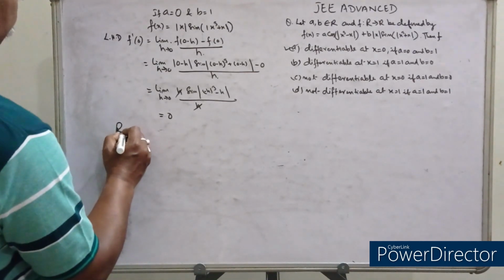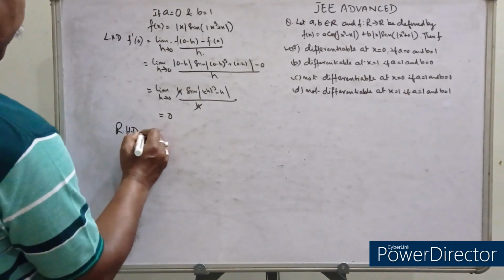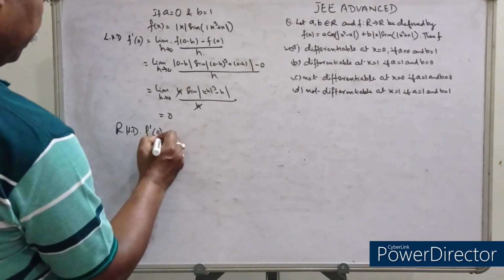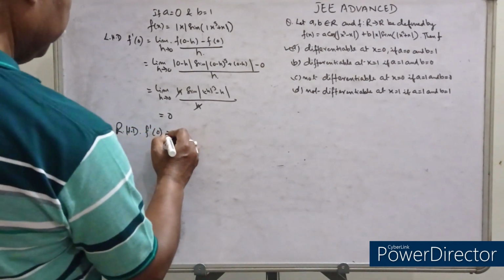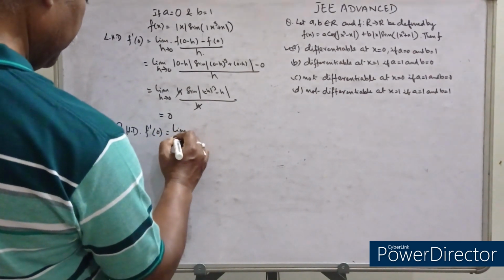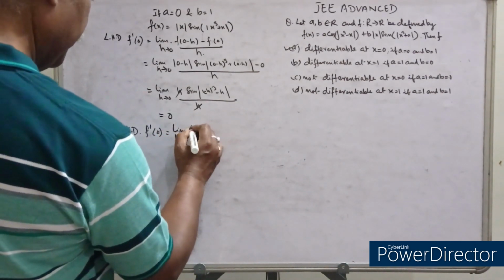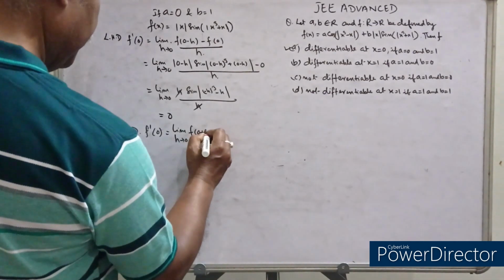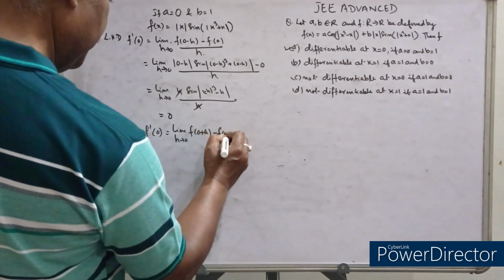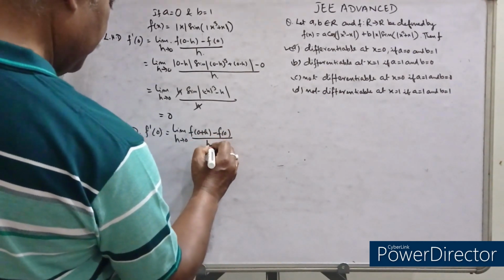Your right hand derivative f'(0) is equal to limit h tends to 0 of f(0 + h) − f(0) by h.